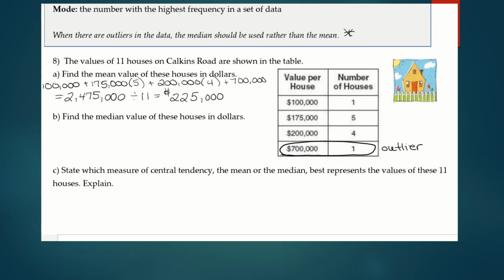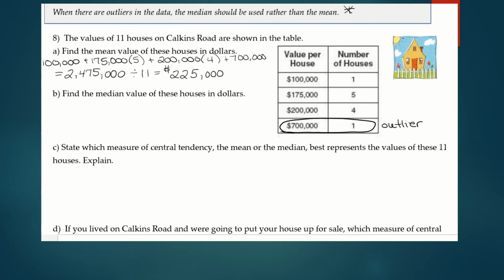So now we're going to find the median value of these houses in dollars. So we have 11 houses total, which is an odd number. So we're going to have to do some averaging between the two middle values. If I take 11 and I divide that in half, I get 5.5. What does that tell me? That tells me I need to average the 5th and 6th value to get the median.